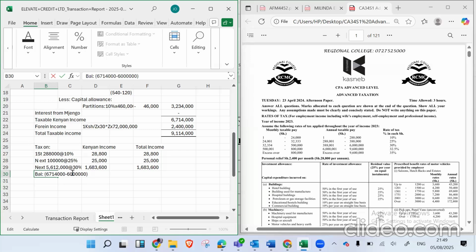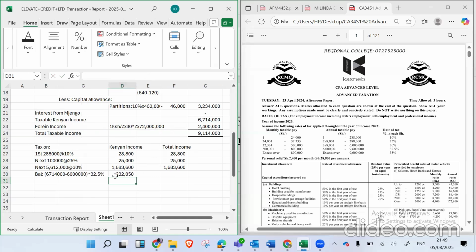tunaichapa na 32.5%. So at 32.5%. The new side ingine, total is 91 na huku inaenda mpaka 96.